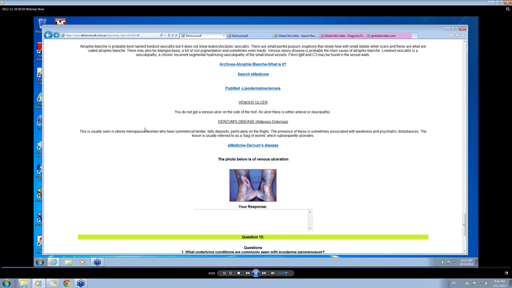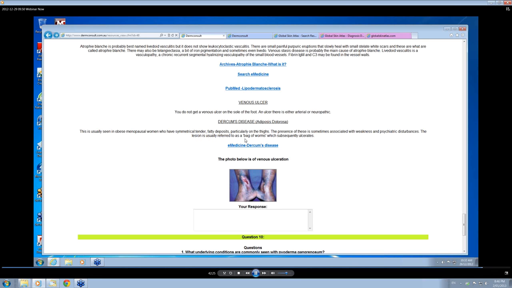adiposis dolorosa. I don't have a good picture of that. Obese menopausal women, symmetrical, tender, fatty deposits, particularly on the thighs. The presence of these is sometimes associated with weakness and psychiatric disturbances.